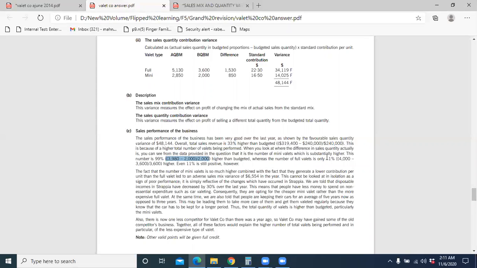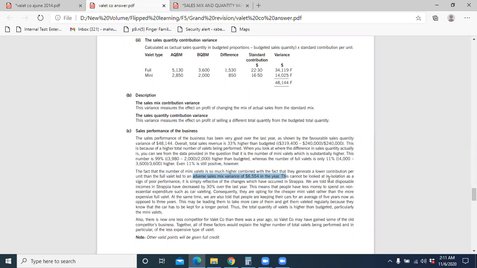Whereas the number of full valets is only 11% higher, which is still a positive thing, that even due to bad economic conditions, you were able to sell more. The fact that the number of mini valets is so much higher, combined with the fact that they generate a lower contribution per unit, which is 16.5, than the full valet, led to an adverse sales mix variance. Now they're explaining what the reason is.